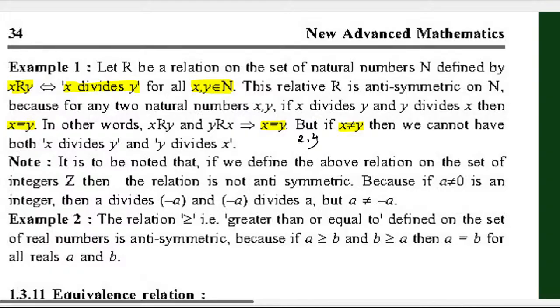But can 2 be divided by 4? Nah. Yes or no? 4 can be divided by 2, but 2 cannot be divided by 4. It cannot be completely divisible; you will get a fraction, a half, as the answer.